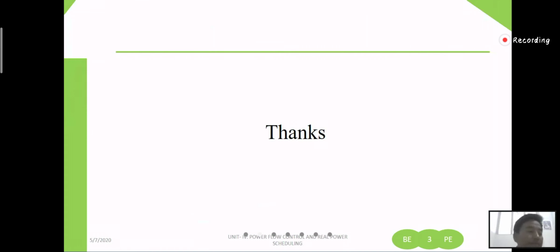Unit 5 will be much easier. You only have to know the operating states of a power system, which we have already learned. Based on those operating states, we carry out the control: when you do preventive control, when you do emergency control, and when you do restorative control. So we have to know the 5 operating states of a power system.